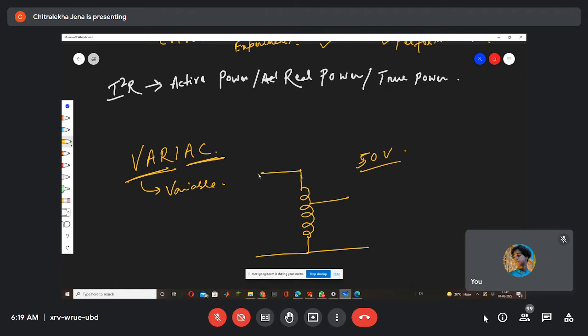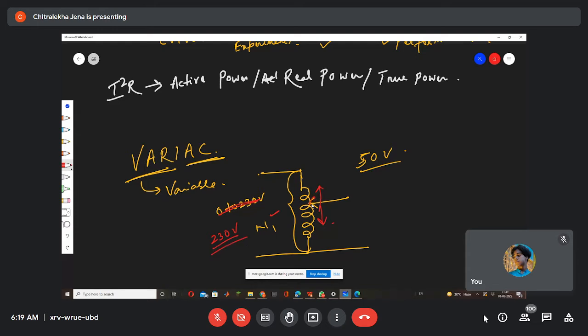Suppose here you are giving 0 to 230 volt, with N1 number of turns. When you are changing this knob, you are changing the point from this point to this point. When N1 number of turns is there, we are getting 230 volt.